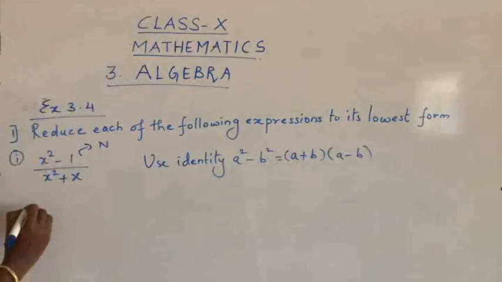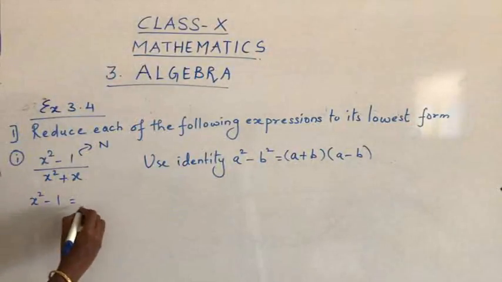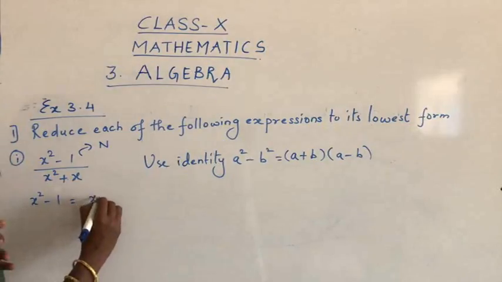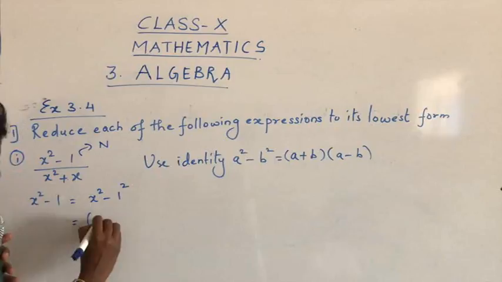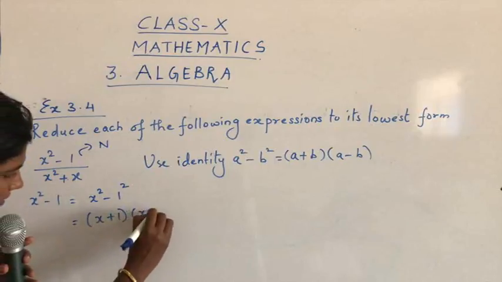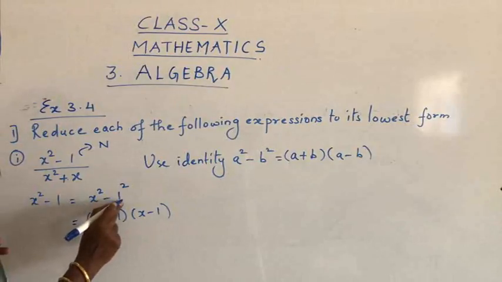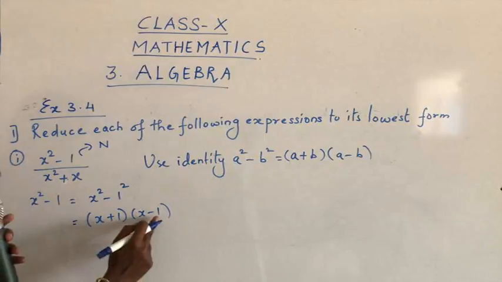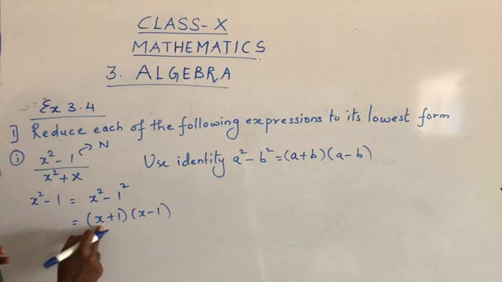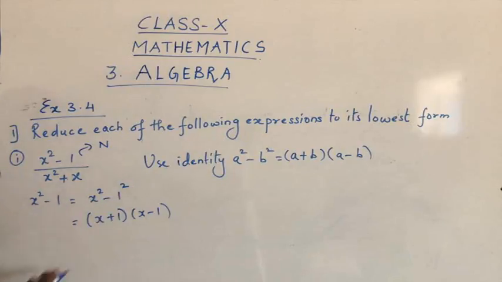So now, x square minus 1 is equal to x square minus 1 square, which is equal to (x plus 1)(x minus 1). That is a square minus b square is equal to (a plus b)(a minus b), where your a is x and your b is 1. 1 can be written as 1 square.